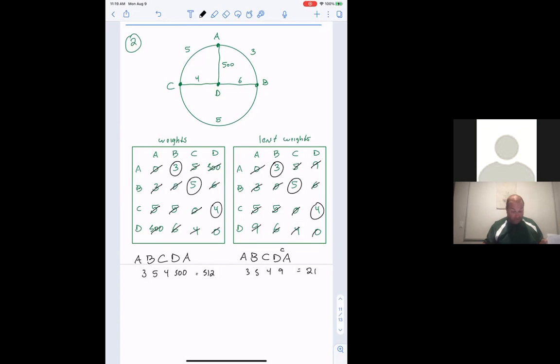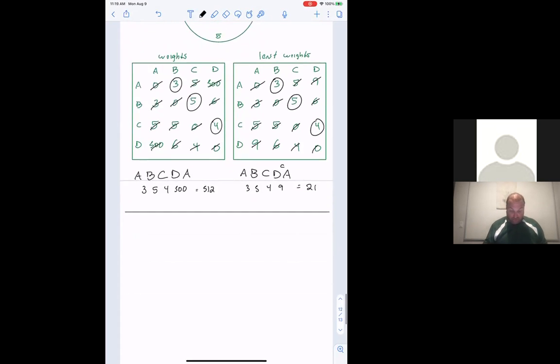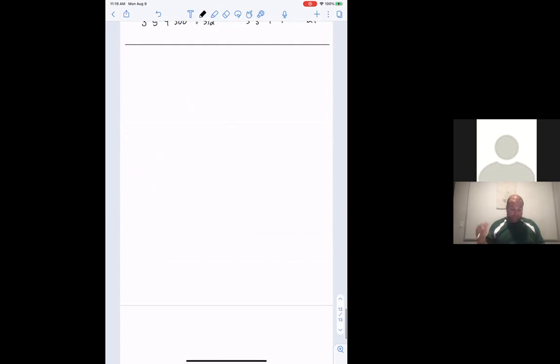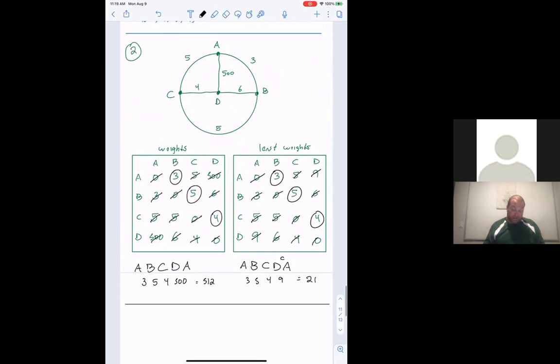I kind of feel that the question was kind of silly, but maybe this is the whole point. 500 is kind of an exaggeration, but even if it was 20 or 30 and not so much higher, maybe also you'd be more likely to make a mistake, which is why it's so important to make a table of least weights so that we satisfy the triangle inequality and we don't have this issue.